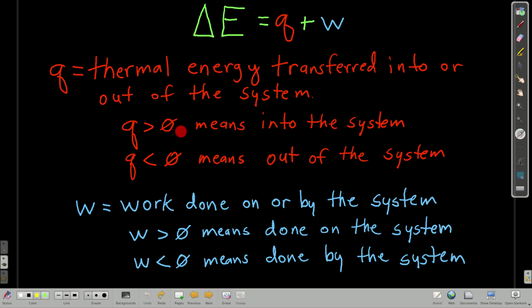And if it's positive, it feels cold to us because it's pulling energy out from our hands or whatever's touching it. Now, with work, a positive value for W means work's being done on the system. The system is gaining energy by having work done on it. If it's negative, that means the system is doing work and it's losing energy. So memorize this.